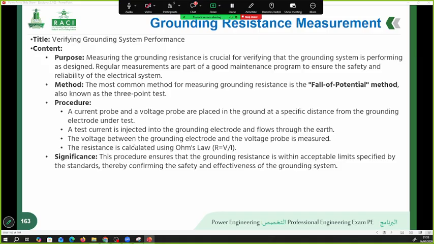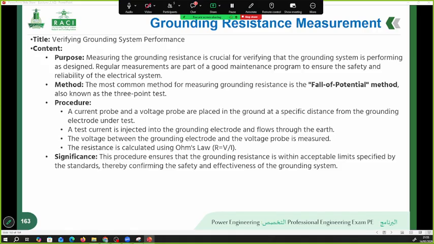This technique uses a specific arrangement of probes to get an accurate reading. It is also known as a three-point test because it requires three separate points of contact with earth: the main grounding electrode, current probe, and voltage probe.